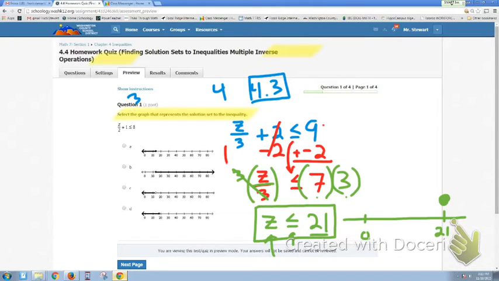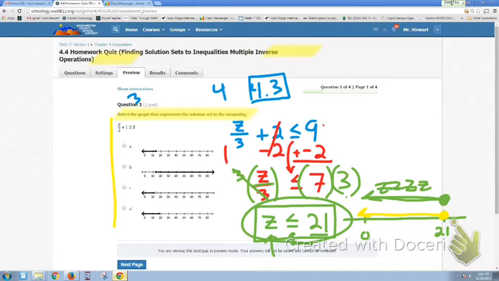And then z is all of those values that are smaller than 21 as well. So all the numbers that are 21 and less are going to be the solution set of the inequality. So this would be my graph. I could also place it on the graph like this. Either way, your task is to now do the same thing with this basic two-step inequality and find the graph that represents the solution.